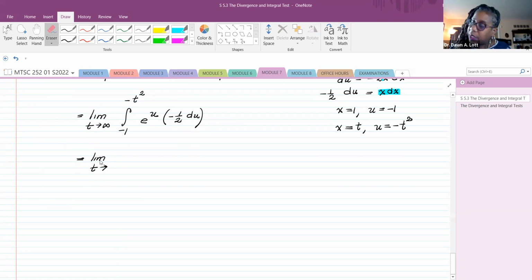Oh, I wanted to pull that negative 1/2 out. The limit as t approaches infinity. What's the integral of e to the u? I should have 15 people screaming the answer, all fighting for recognition.